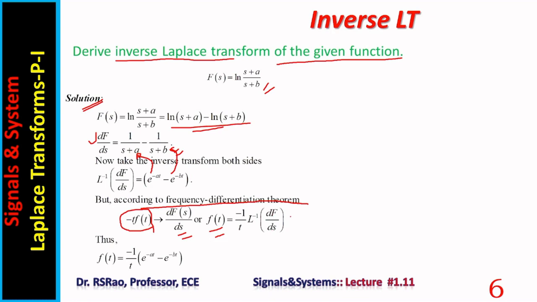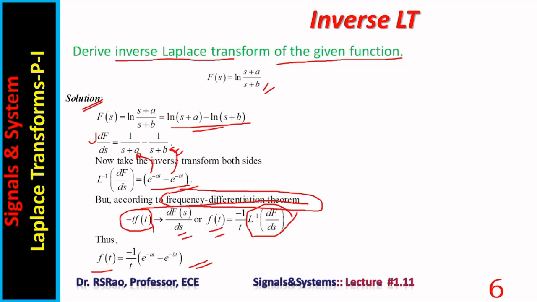But we know the inverse transform of dF by ds, this one. Substituting this expression, one can get f of t as minus 1 by t times e power minus at minus e power minus bt. So this particular problem is an application of the frequency differentiation theorem.